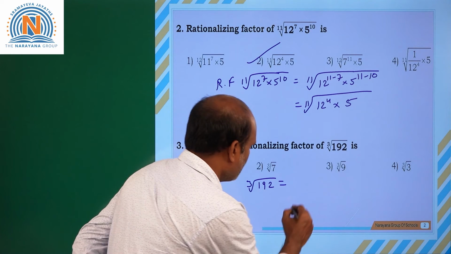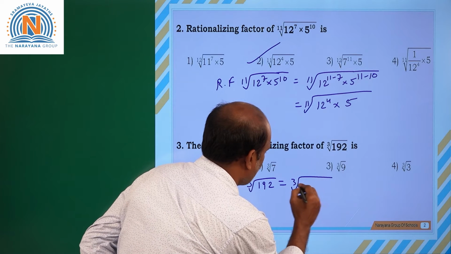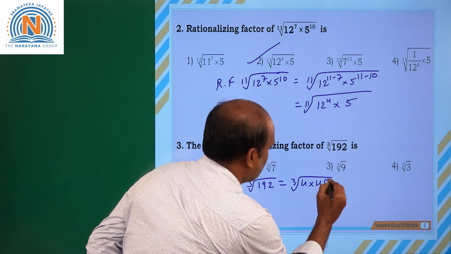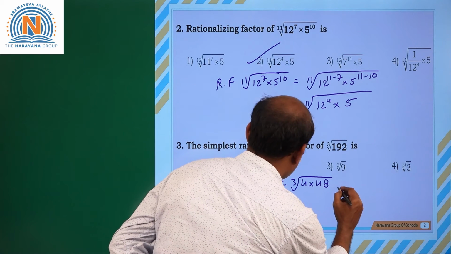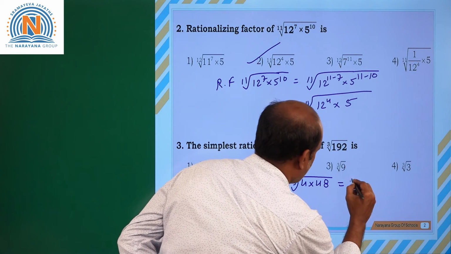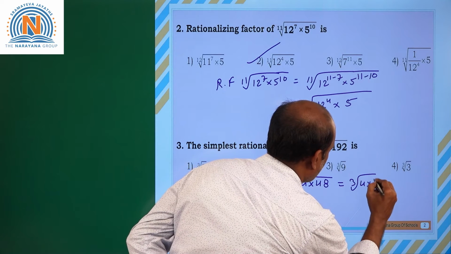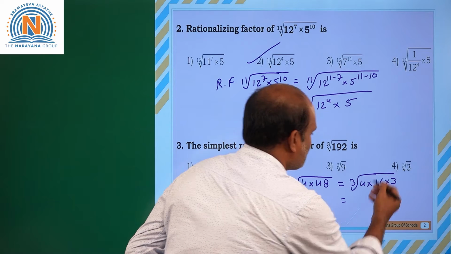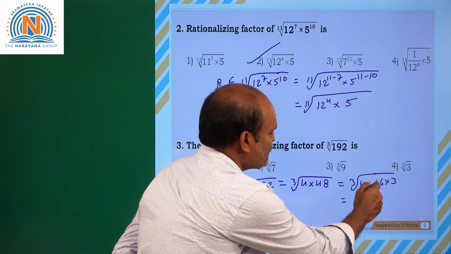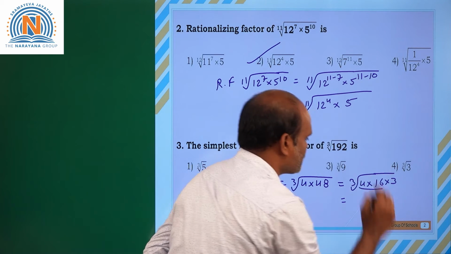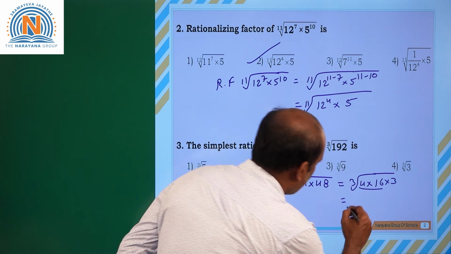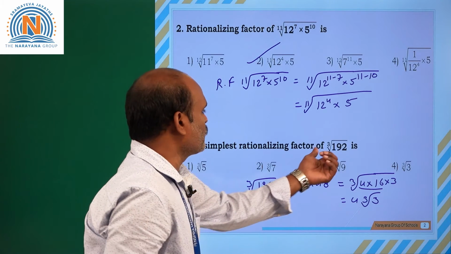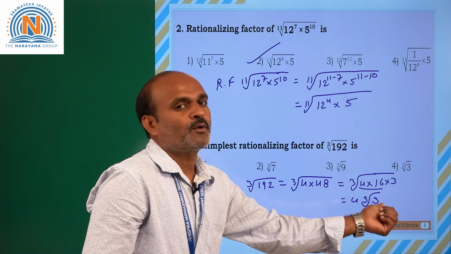First you simplify this one: cube root of 192 can be written as cube root of 4 into 48, and 48 can be written as 16 into 3, so 4 into 16 is 64. Cube root of 64 is 4, so cube root of 192 is equal to 4 into cube root of 3.